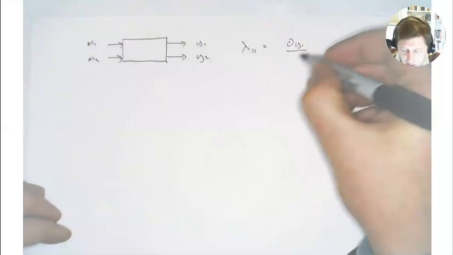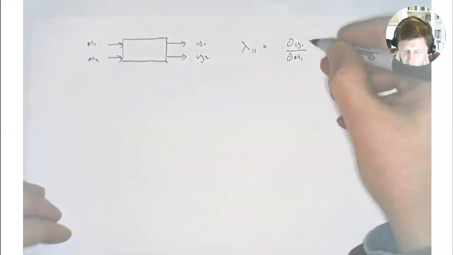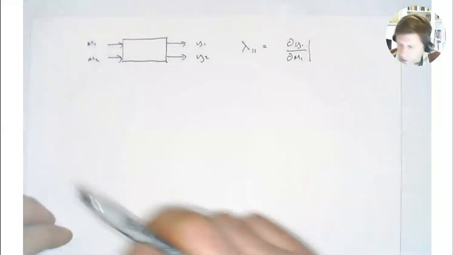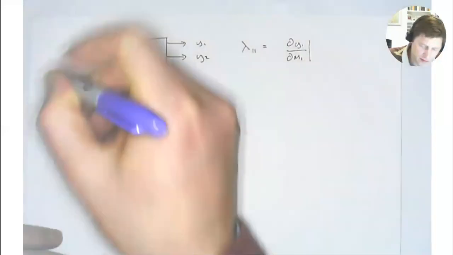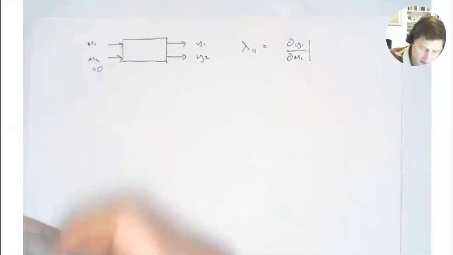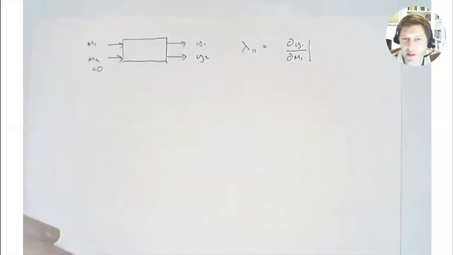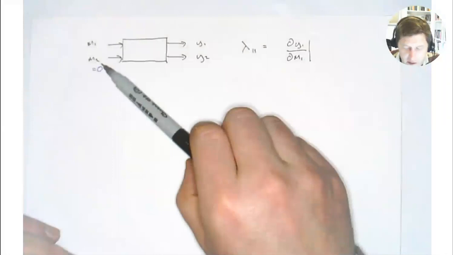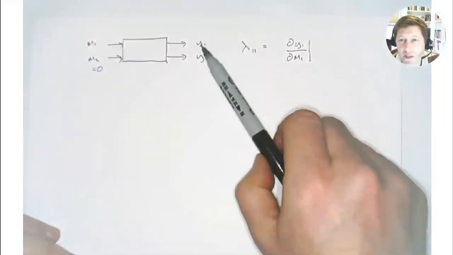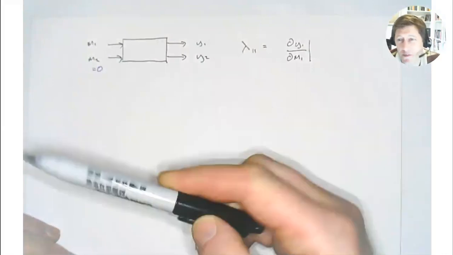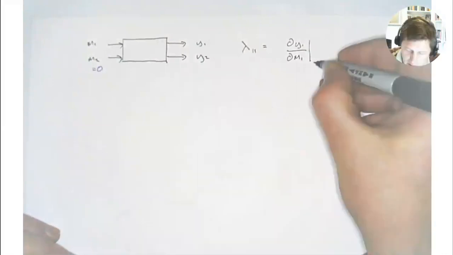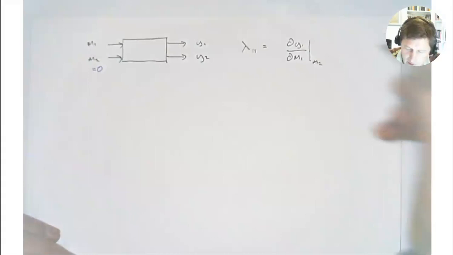So we can see, well, how much does Y1 change with M1? And first of all, we can do that when we set M2 to 0. So we fix that at 0, do something to M1, see how much Y1 changes. So that's a standard sort of gain, and that's when M2 is fixed.